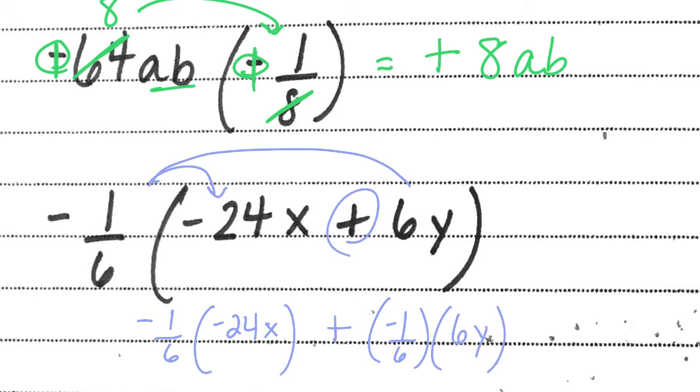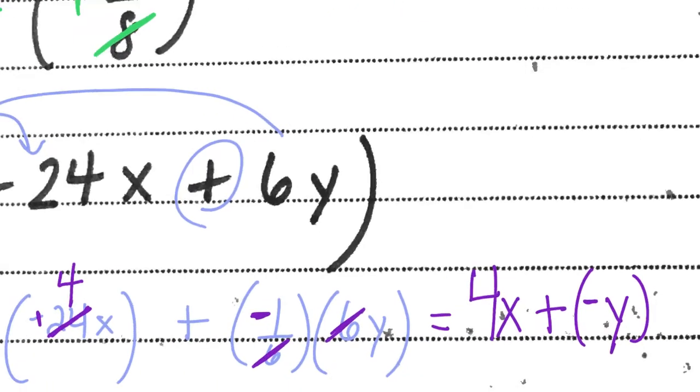Eventually you won't have to write it all out, which will be great. Notice 2 negatives will make a positive. 6 goes into 24 4 times, so that will just be 4x. Plus a negative times a positive is negative, so if you show that negative, make sure you put it in parentheses. 6 and 6 can cancel out, so that will just be negative y.